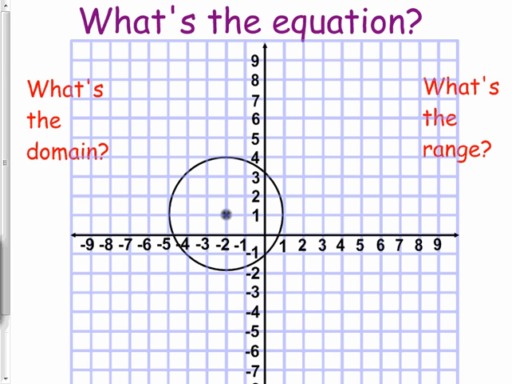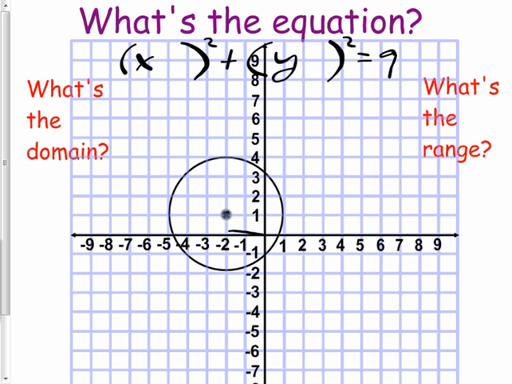Okay, here's what you should have said. For the equation, you have an x, and then you have a y, and then you have the radius, which in this case is 3, so you could say 9 here. We could say 3 squared either way. And then it's been moved to the left 2 and up 1. How do I go left 2? That's x.